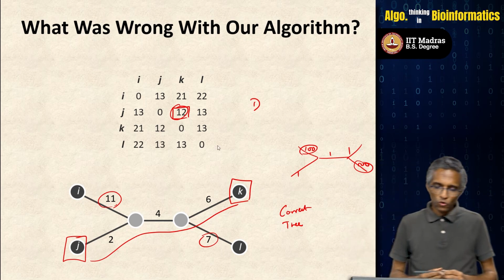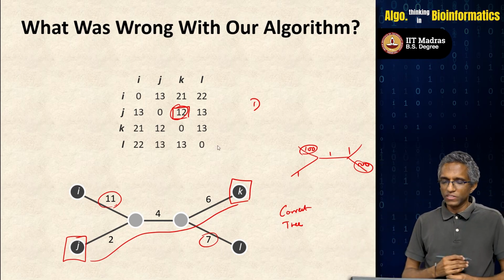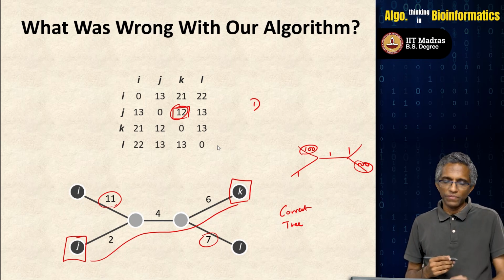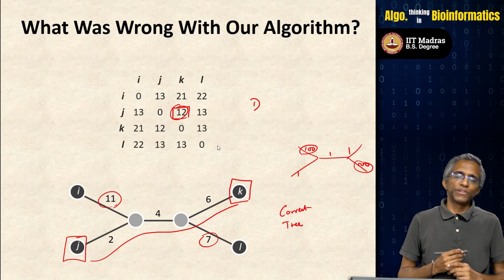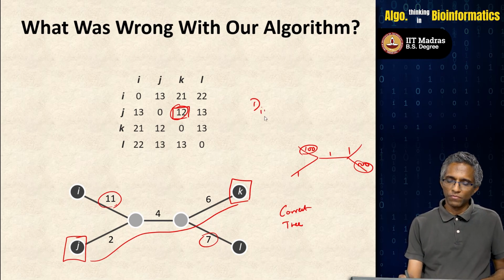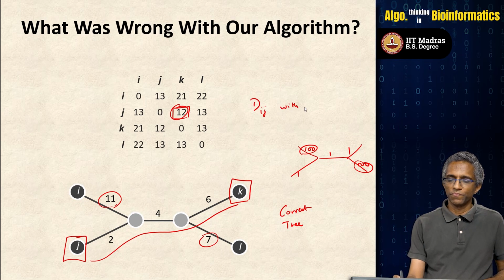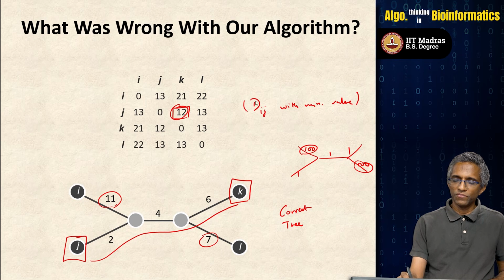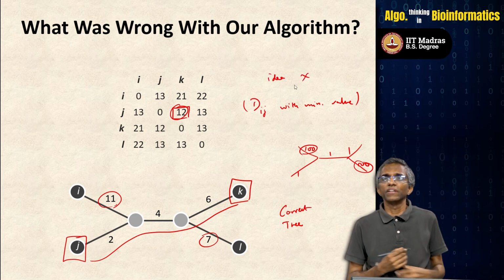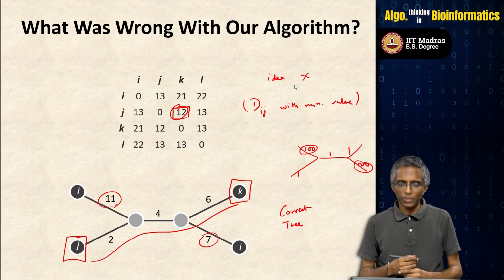Okay. I hope you get this class of distance matrices which will not reveal the correct tree if you go with the algorithm's idea of picking the cherry as the entry d_ij with the minimum value. Okay. This idea is wrong. Okay. We need to have a better idea, the correct way of choosing the cherries.